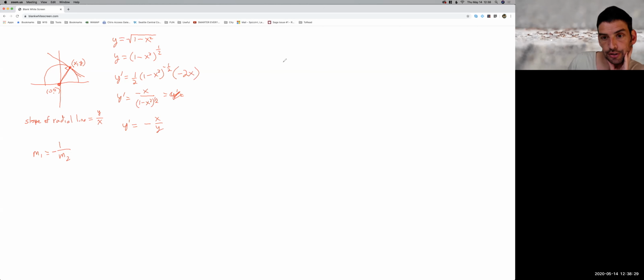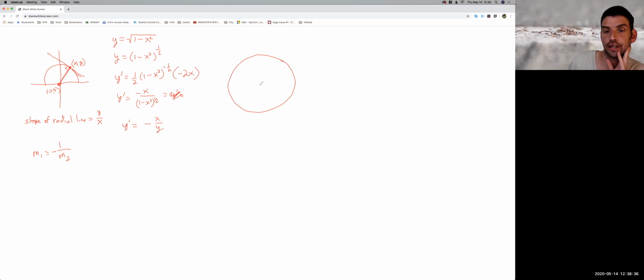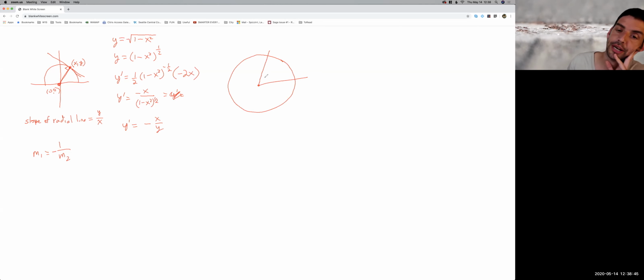Another fact I want to use is the relationship between angles and arc lengths of circles. So really, this is just going to come straight from the definition of a radian.